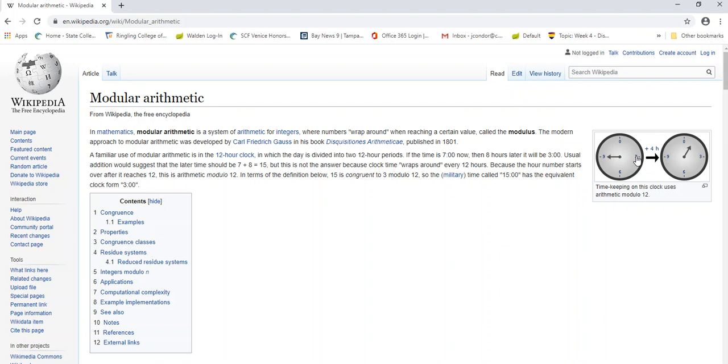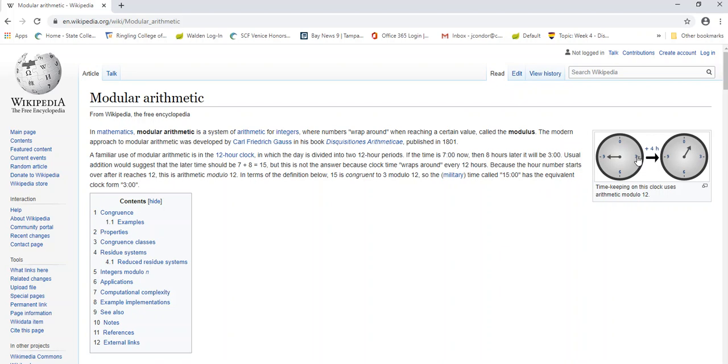When we measure how long it takes for something to occur, we really know that from here to here is 3, but if we go from here to here, 12 hours goes by and 3 more, that really meant 15 hours went by. But it's still represented as a 3. So 15 is congruent to 3 in a modular clock, all right?